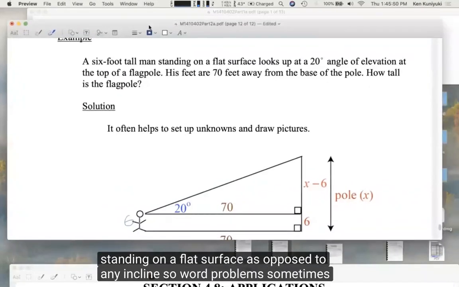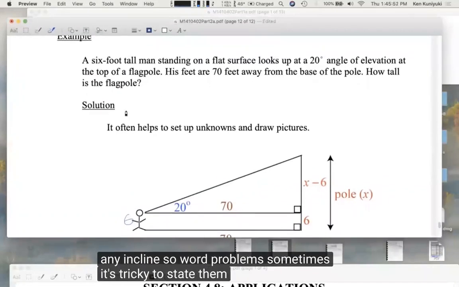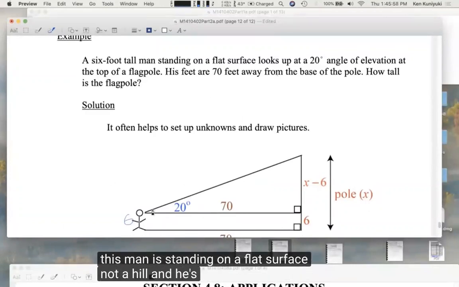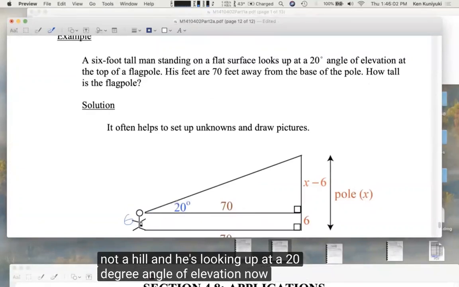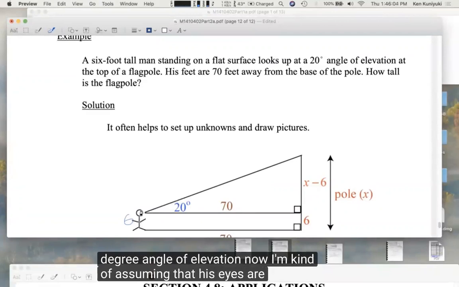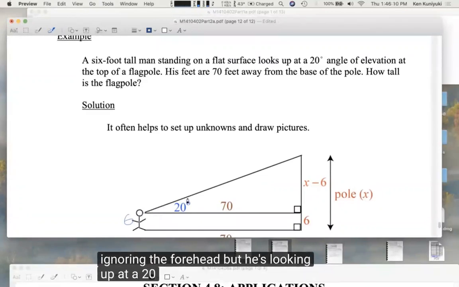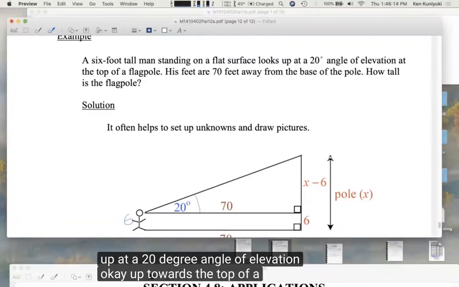So word problems, sometimes it's tricky to state them precisely. So this man is standing on a flat surface, not a hill. And he's looking up at a 20-degree angle of elevation. Now, I'm kind of assuming that his eyes are on the very top of his head, so we're kind of ignoring the forehead. But he's looking up at a 20-degree angle of elevation, up towards the top of a flagpole.